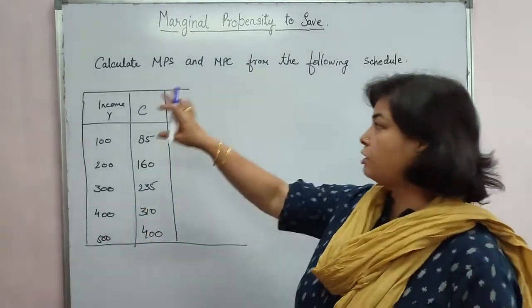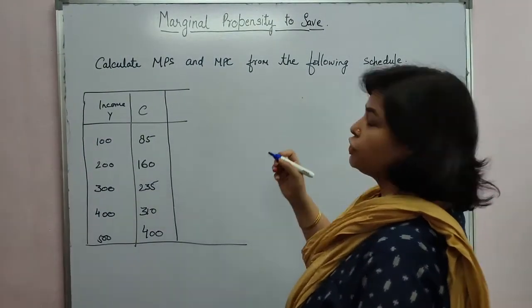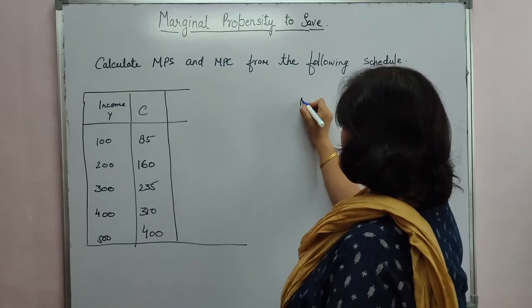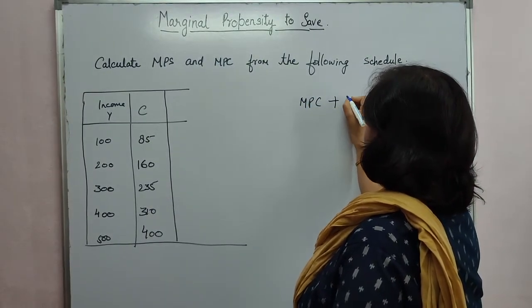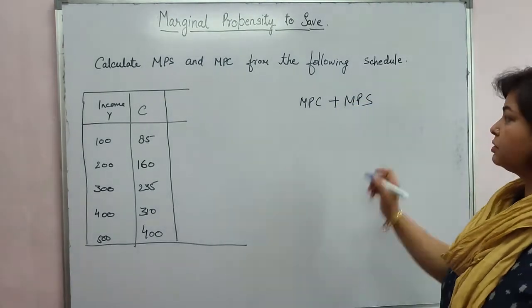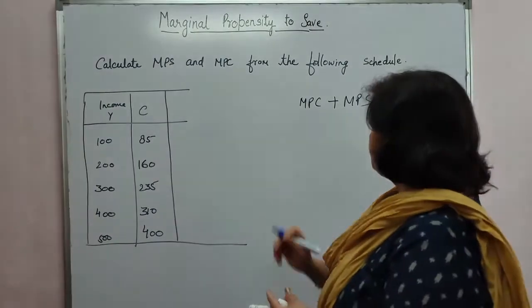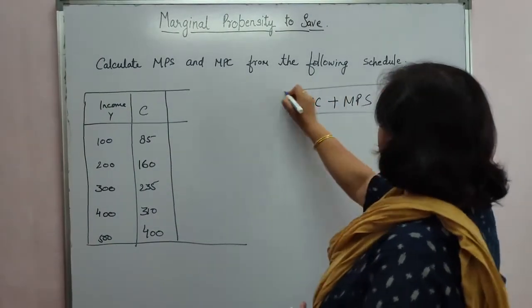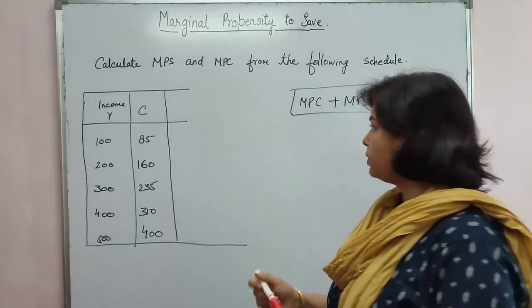Before solving this question, we will see the relationship between MPS and MPC. The relationship between MPC and MPS is that the sum of MPC and MPS is equal to 1. Now we will prove why the sum of MPS and MPC is equal to 1.